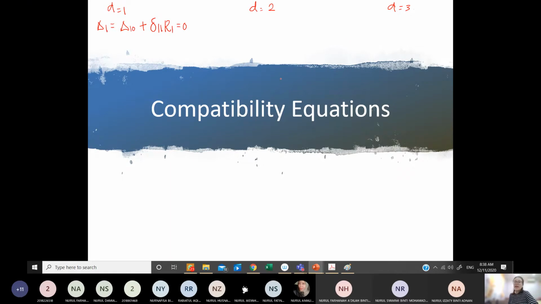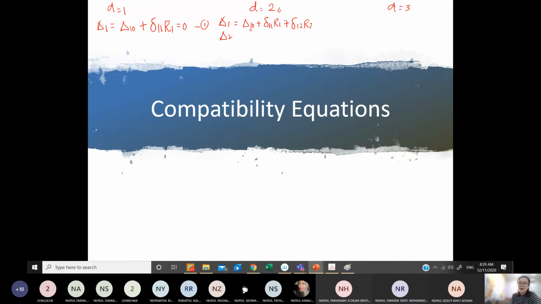Let's try d equal to 2. This will have two equations, dealing with delta 1 and delta 2. Delta 1 we will have delta 1 naught plus, everything will start with 1, delta 1 1 r1 plus delta 1 2 r2, because we have two redundants.